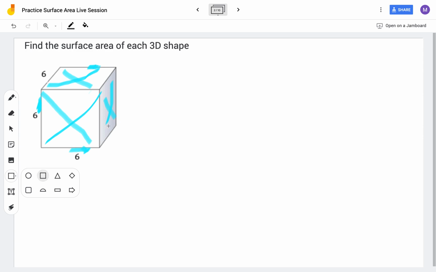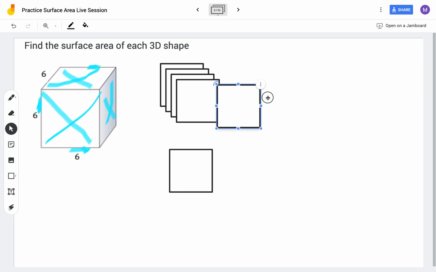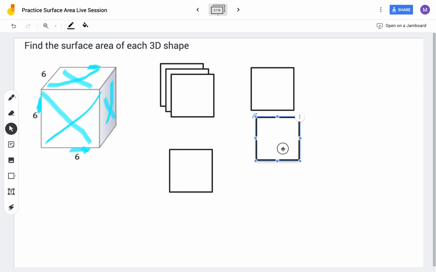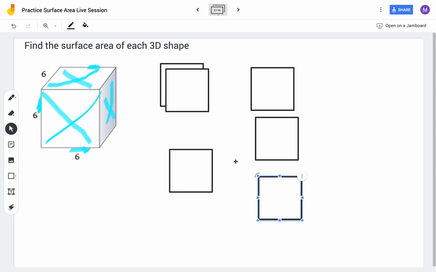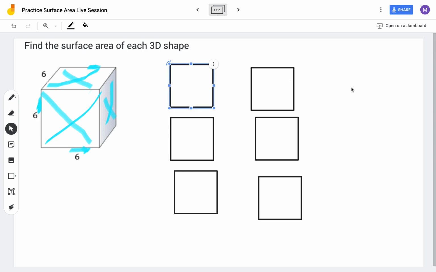If you see that word cube, you need to know that all of the sides are equal. So we have 6: 1, 2, 3, 4, 5, 6. So we have our 6 faces. Each face has the same length, height, and width.